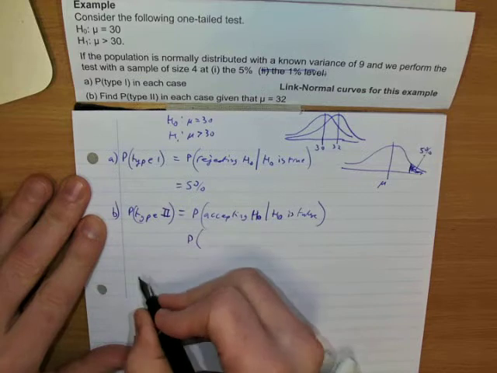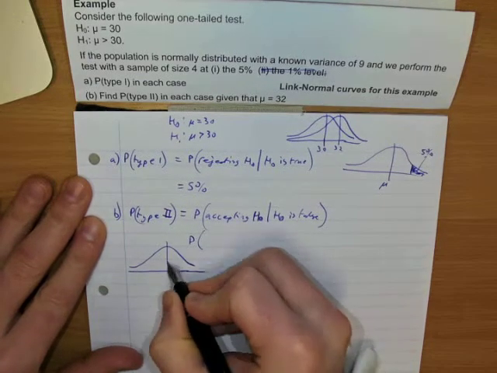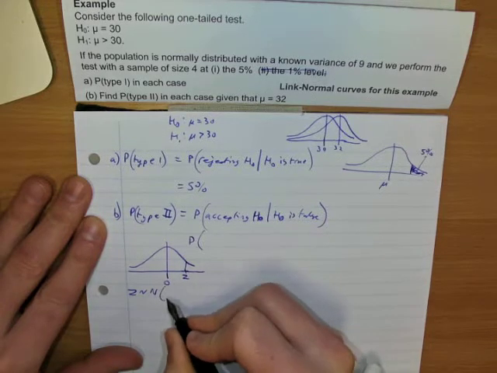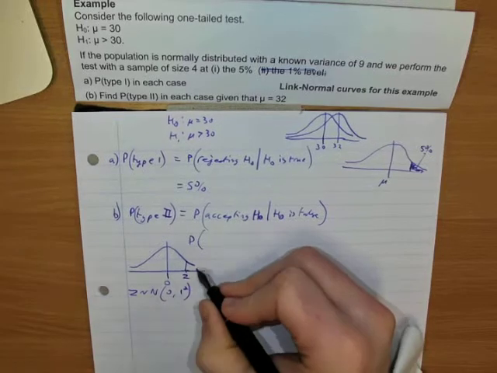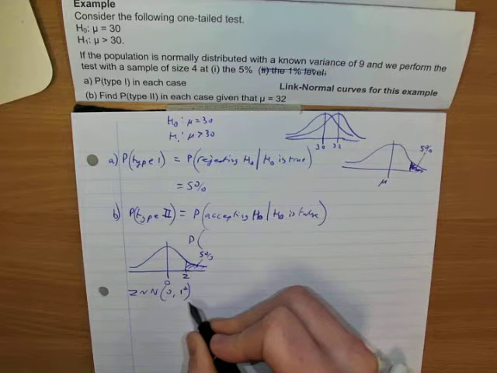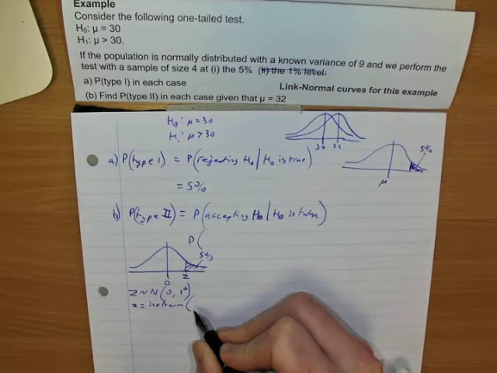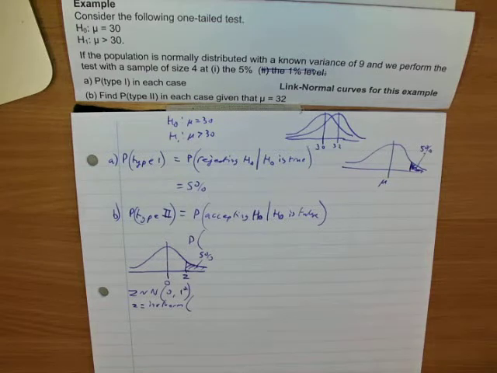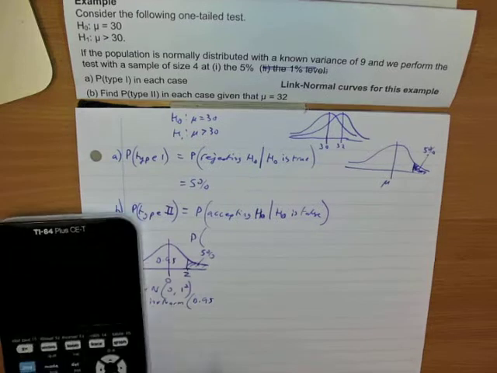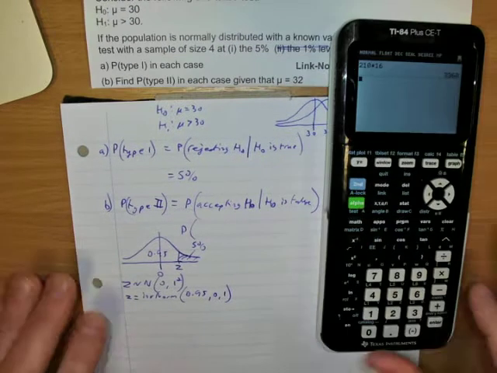So if we were dealing with our Z curve, Z is normally distributed, mean of 0, standard deviation of 1. This Z value here is going to be 5%. We can find that Z value using inverse norm, with an area of 0.95, a mean of 0, and a variance of 1.